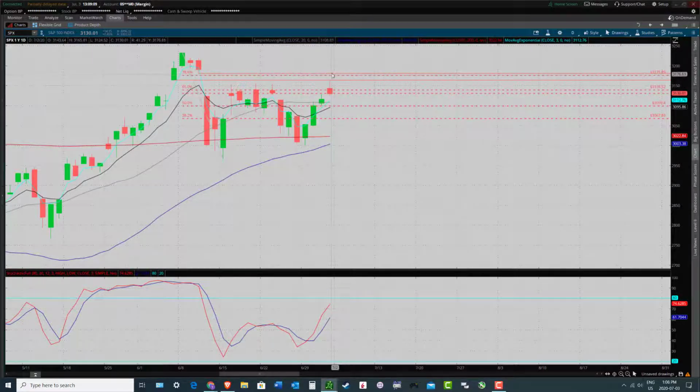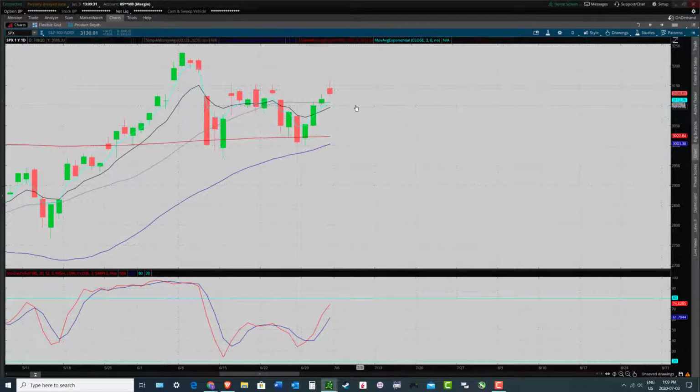Again, I really hope we get a nice entry like that, because that would be great for selling the futures. You get a nice tight stop. We go up to 3180 something, put a stop against 3120 something. I mean, you're looking at a 40-50 point risk for potentially a 200 or 300 point move to the downside. That's a nice risk reward setup on the futures. Just worth mentioning.